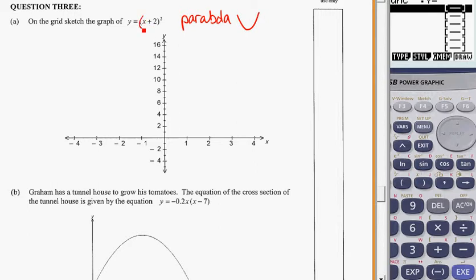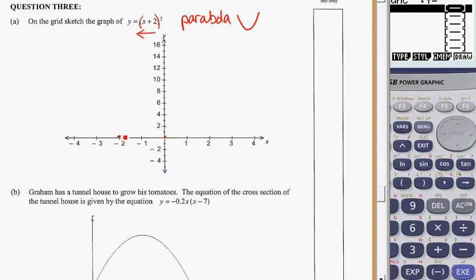You might remember that when a parabola is given in brackets like that, it's translated horizontally, sideways, and this one in fact would go back. So where the parabola normally sits on 0, 0, it would go back to sit on -2.